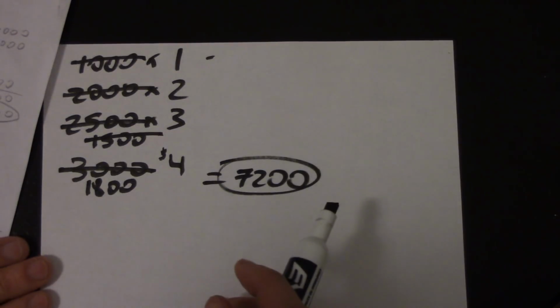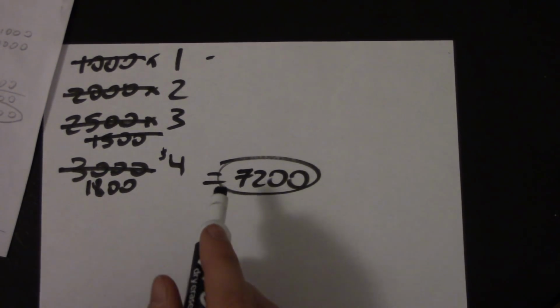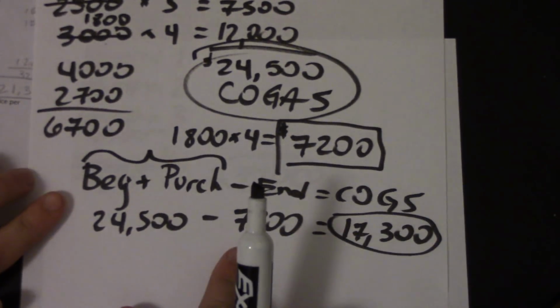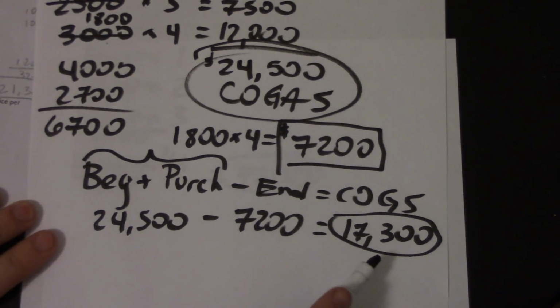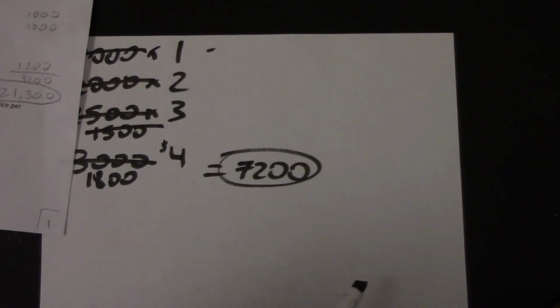That's my ending inventory. Again, we take our beginning plus our purchases minus our ending to get the same cost of goods sold. So our cost of goods sold for periodic and for FIFO perpetual are going to be the exact same.